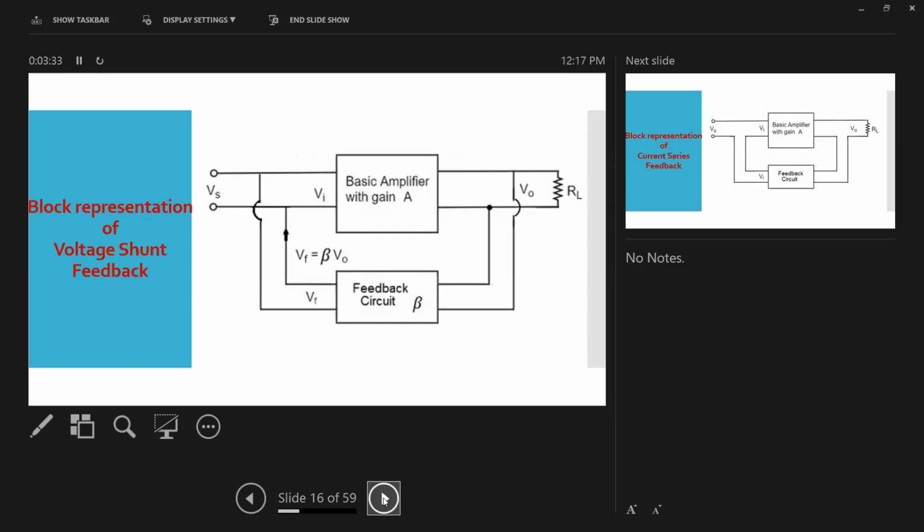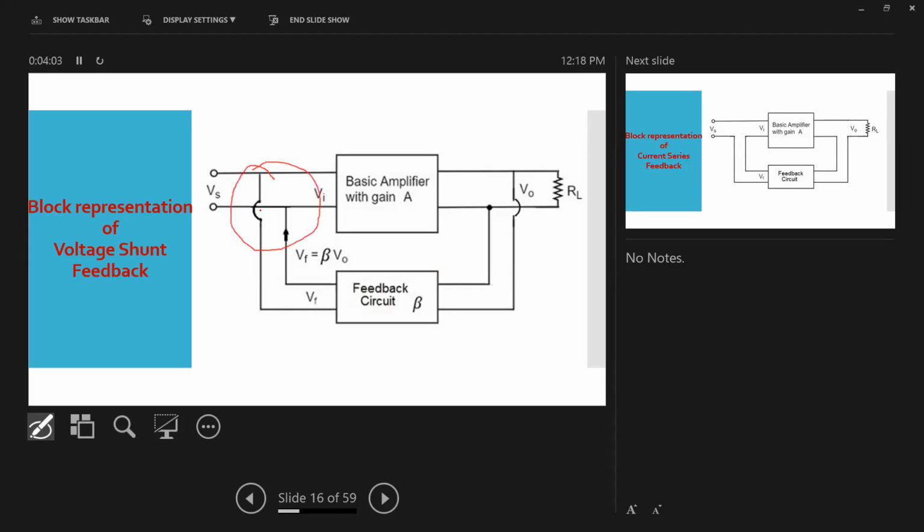So let us start. First of all, what do you mean by voltage shunt feedback? See, it is very similar to the thing we have discussed in the last session, that is voltage series feedback. In that, if I just remind you, there was a difference here on the input side, if you remember.